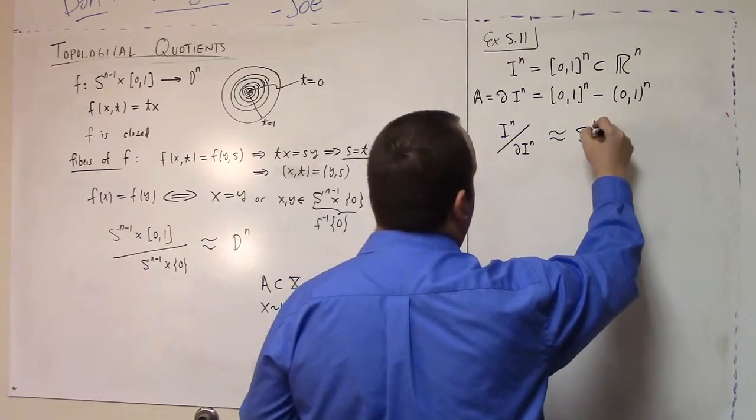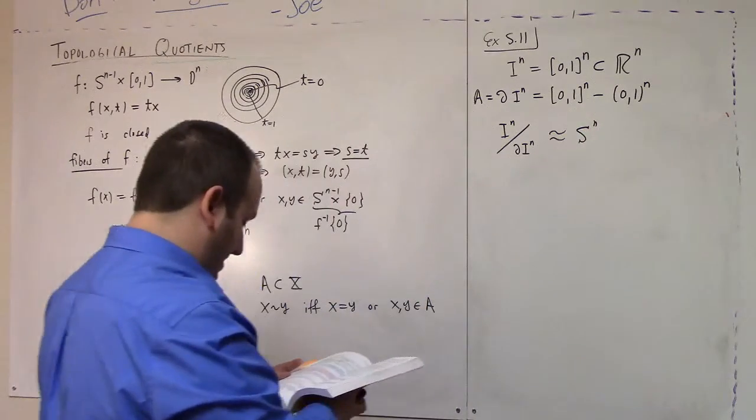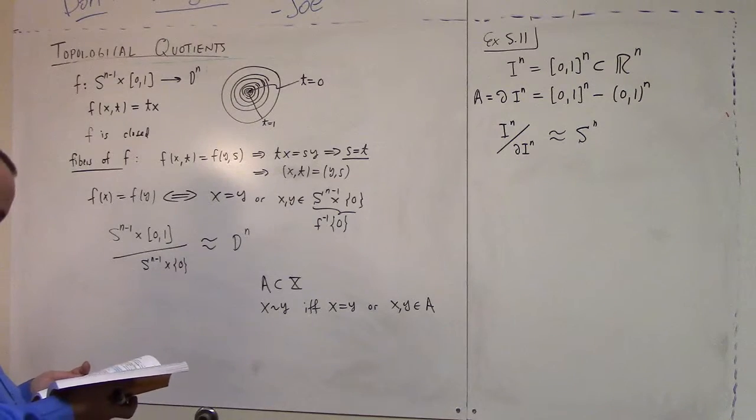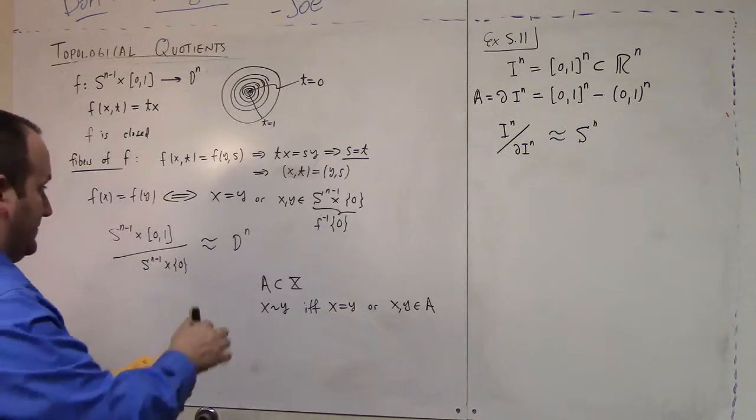Why? He says because I^n, all right, is homeomorphic to D^n, right?